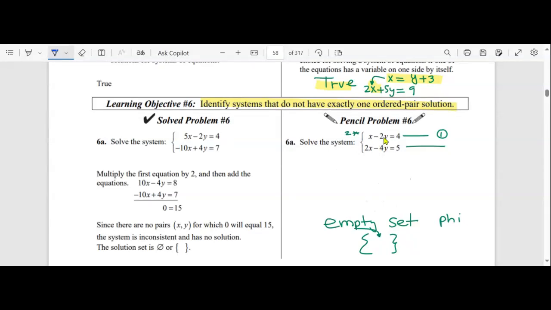In order for me to cancel, which one should I cancel, the y or the x? I cancel the y. So multiply 2 times all 3 terms here. You're going to get 2x minus 4y equal 8. This is equation number 3. So add 2 and 3.